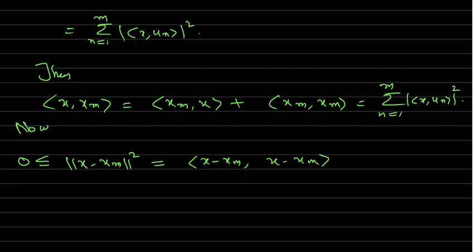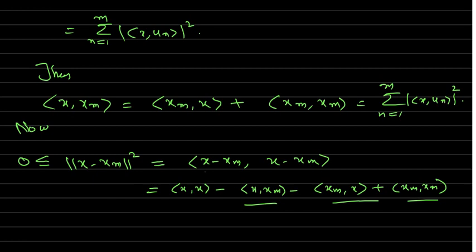Now you expand it: it's the inner product of x with x, minus the inner product of x with xm, okay, similarly xm with x, and then plus the inner product of xm with xm, but the last three are all equal, right? These are all equal so they will cancel. It's just the inner product of xx minus xxm.